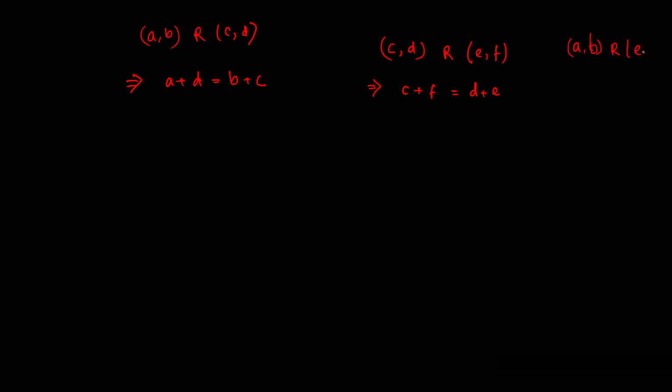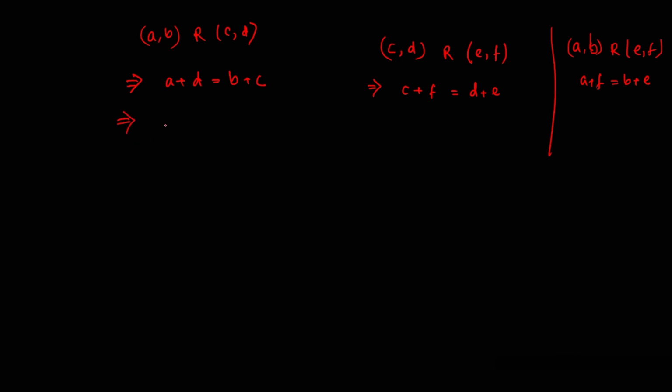So (a, b) is related to (c, d). What does it mean? It implies that a plus d equals b plus c, and also (c, d) is related to (e, f). That implies c plus f equals d plus e. So we have to check that (a, b) is related to (e, f). That means we have to check a plus f equals b plus e.